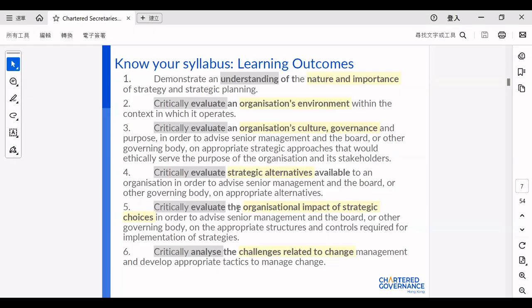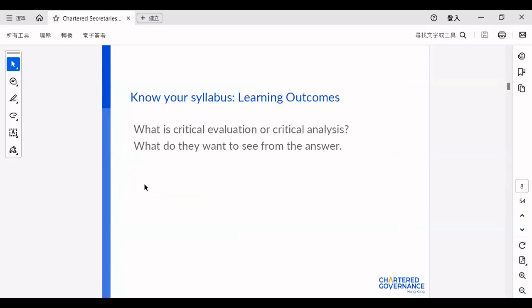So we turn to the question of what is meant by critical evaluation. What does it actually mean? And what do they want to see from your answers about critical evaluation or critical analysis? What do you need to demonstrate in your answers? Critical evaluation or critical analysis means you have to dig deeper and beneath the surface, that is, from the facts of the questions.